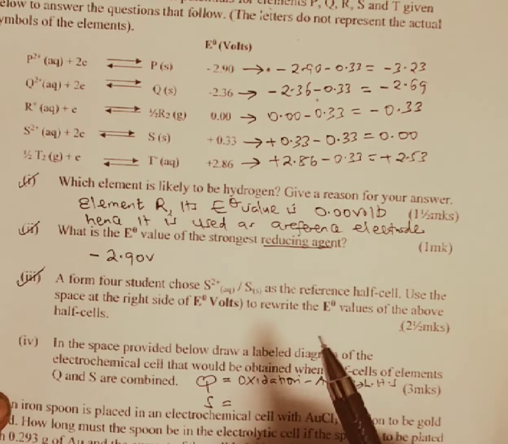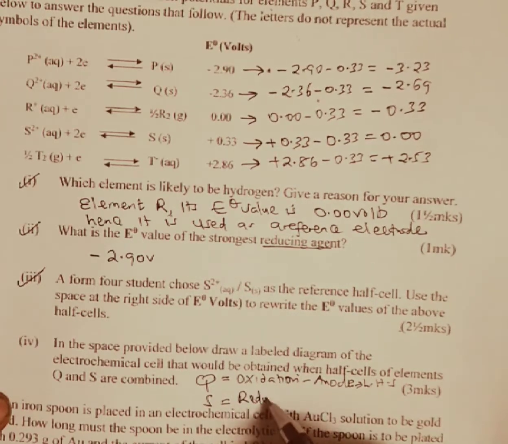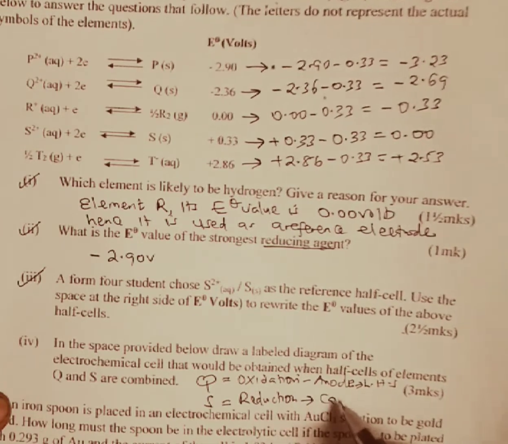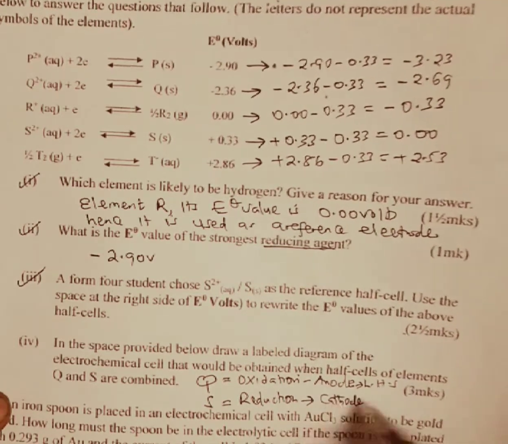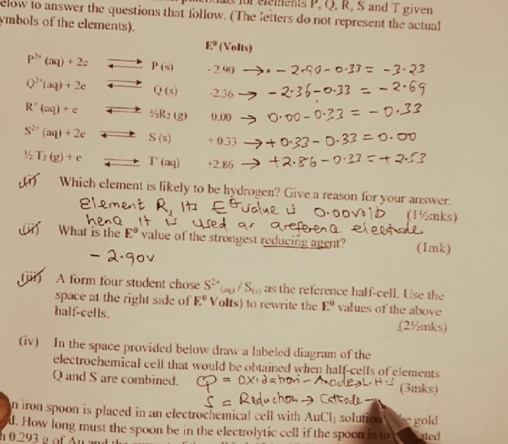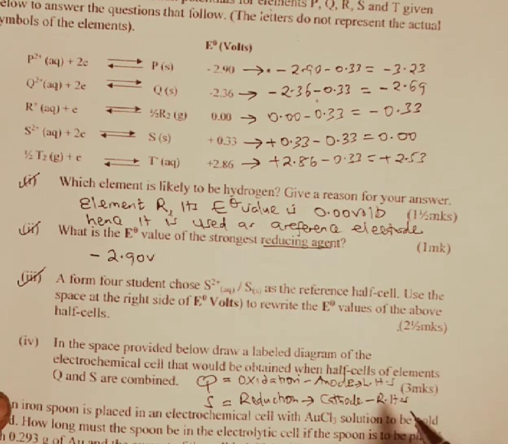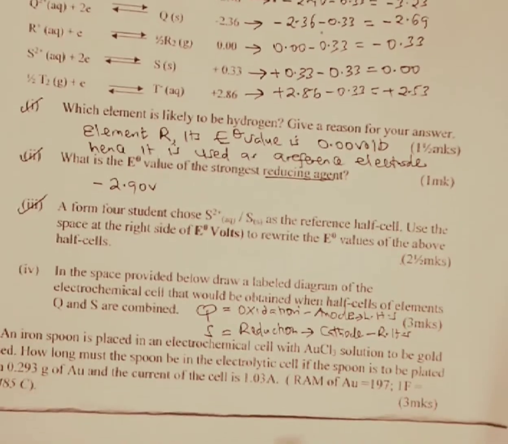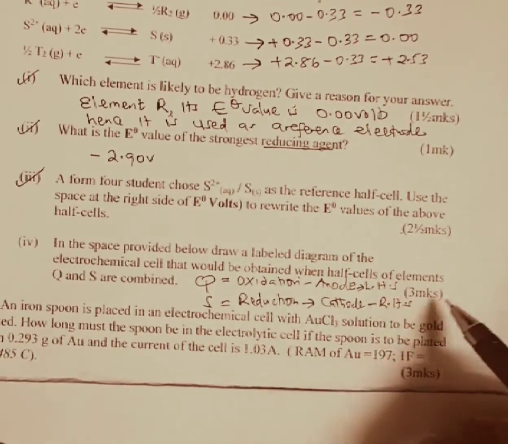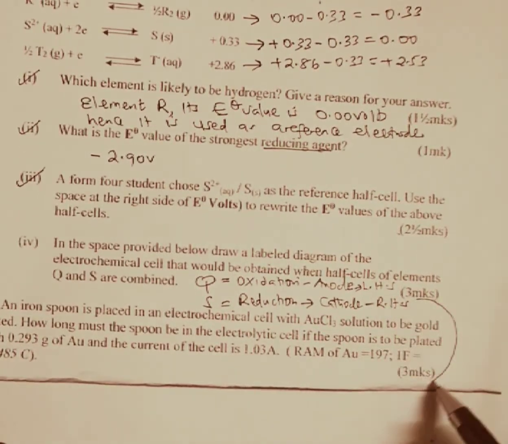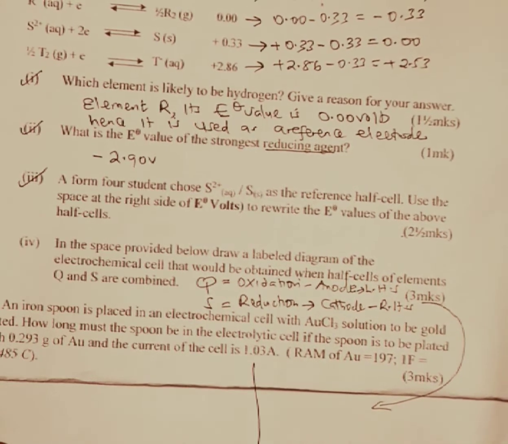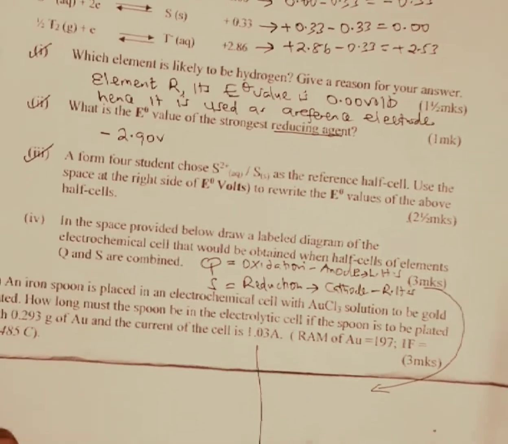Oxidizing agents undergo reduction, and reduction usually takes place at the cathode, which is usually placed on the right hand side of the electrochemical cell. Because the space is not enough, let us pull this question down here. We do it from here.